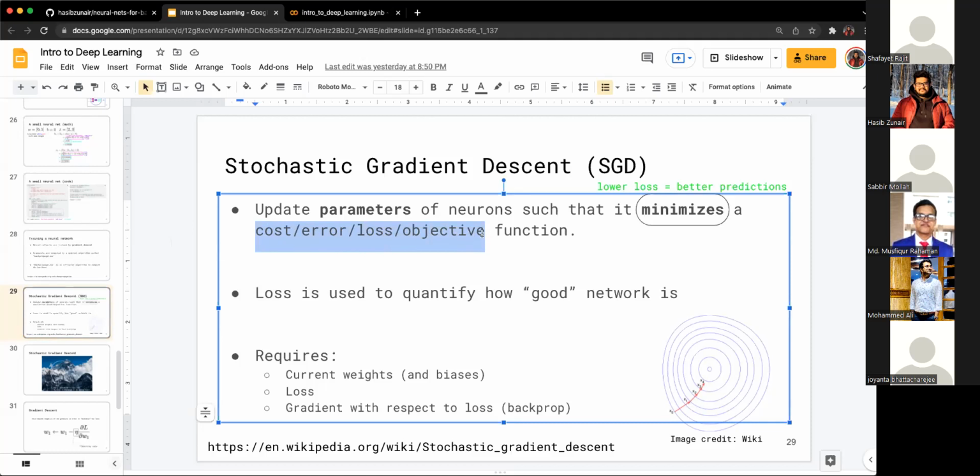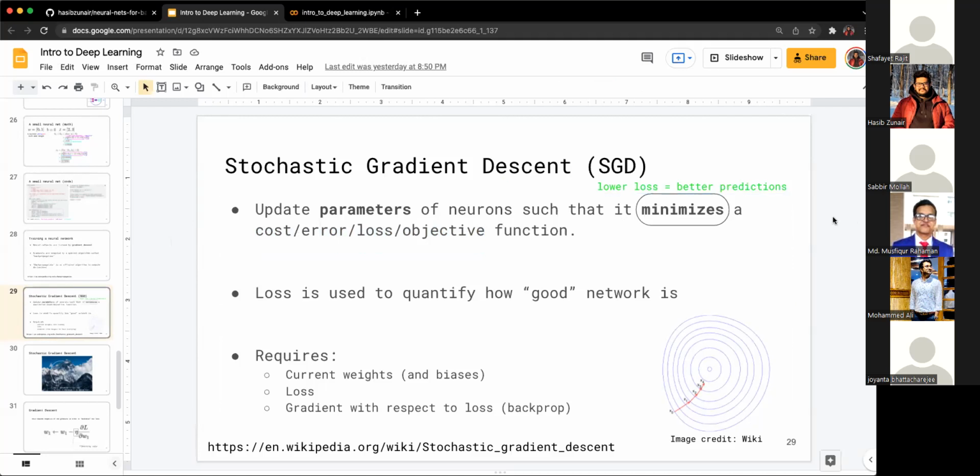If you see papers or look at many open source code, some people call it an error function, some people call it a cost function, or maybe a loss function. These are basically the same thing, right? When you say minimizing a loss, what do you mean? It means that the neural net is doing better at predicting a certain data point.